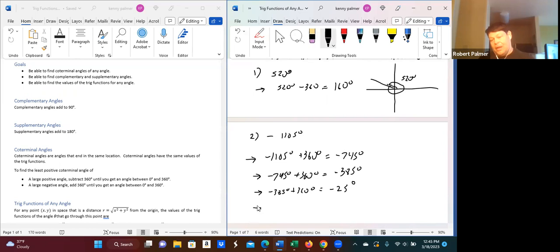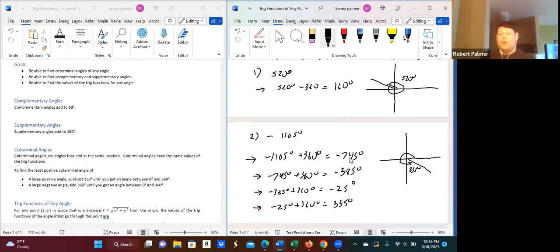And then the last one, negative 25 degrees, once again plus 360, and that's going to be positive 335 degrees. If we draw a picture of that, 335 degrees is right over about here.